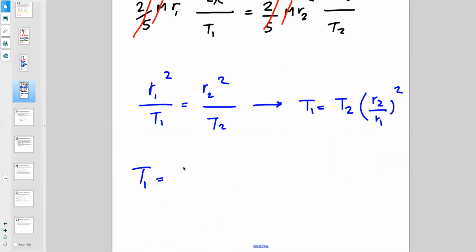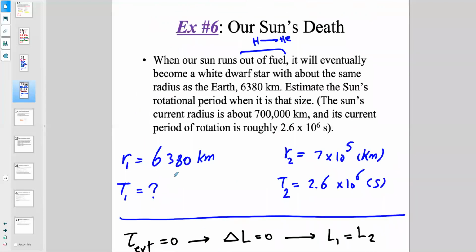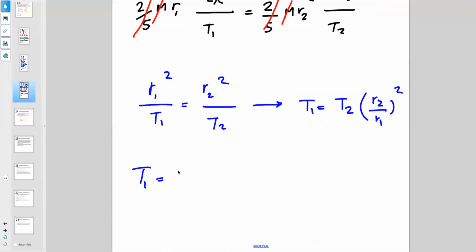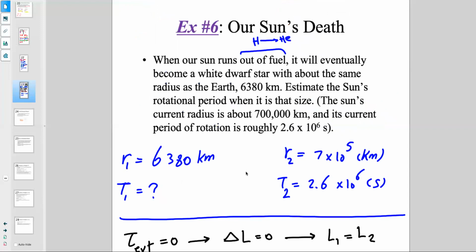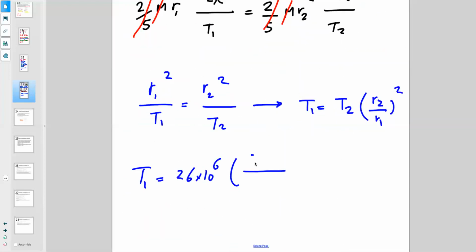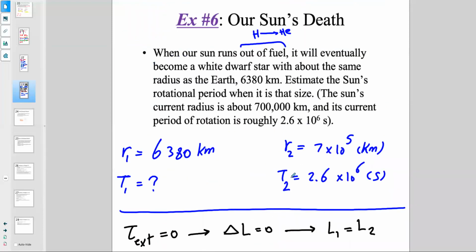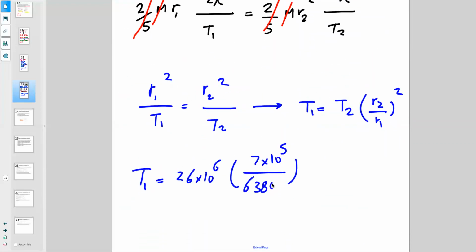So T1 is T2, which is 2.6 times 10 to the 6 seconds, and then R2, which is 7 times 10 to the 5 kilometers over 6,380 kilometers. So whatever it is, and it will be much faster, will be your period or the sun's period after it runs out of fuel and turns into a white dwarf.